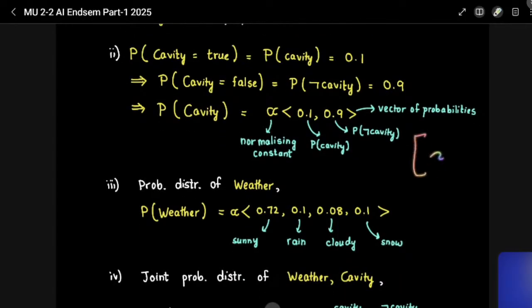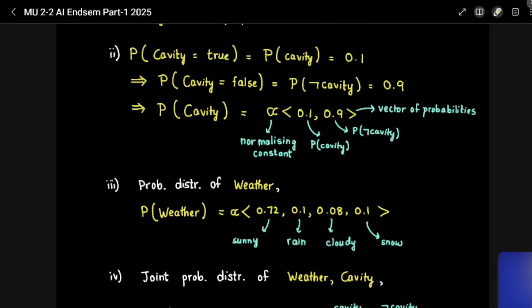A vector looks like this, no? To write it horizontally, they use some weird notation, but a vector is essentially this one. So what does the vector represent? The first element will represent the probability of cavity equal to true. The second element will represent the probability of cavity equal to false, which is very much evident here.